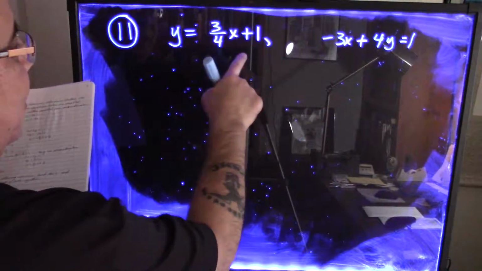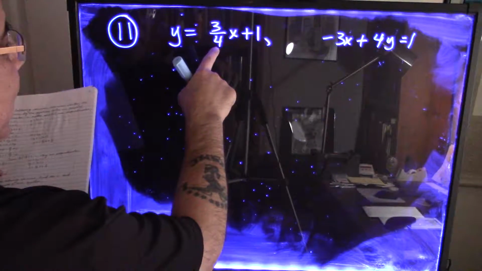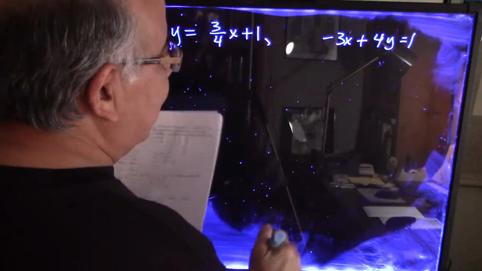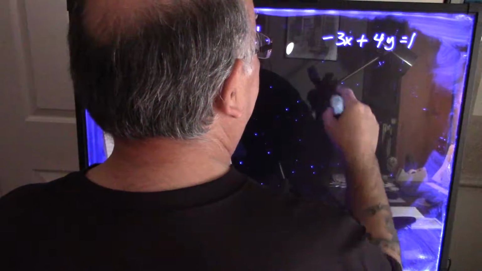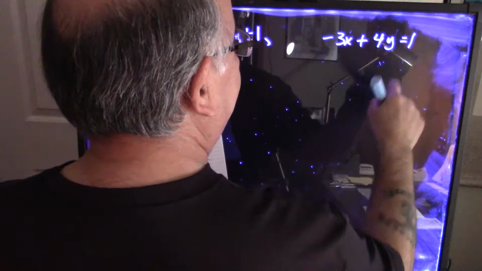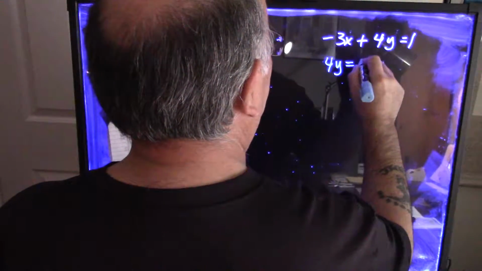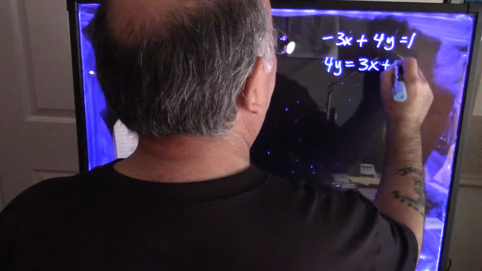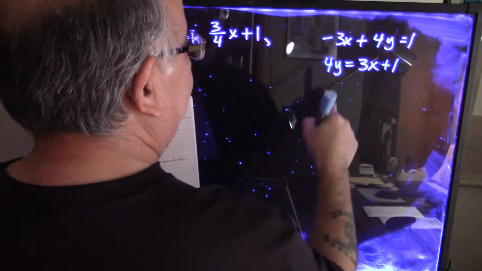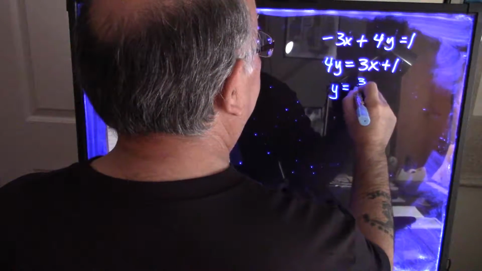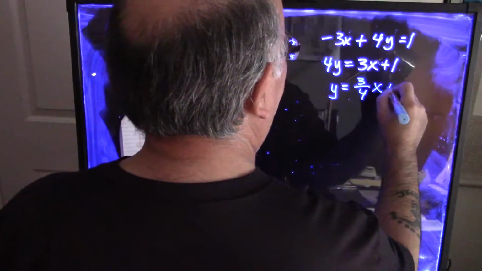So this is already in slope-intercept form, and the slope is 3/4, so we don't have to do anything with that one. With this one, solve it for y. You can transpose the negative 3x to the other side. You get 4y equals 3x plus 1, and then multiply both sides by 1/4. So y equals 3/4 x plus 1/4.